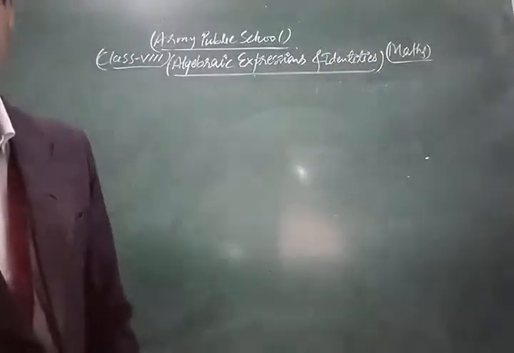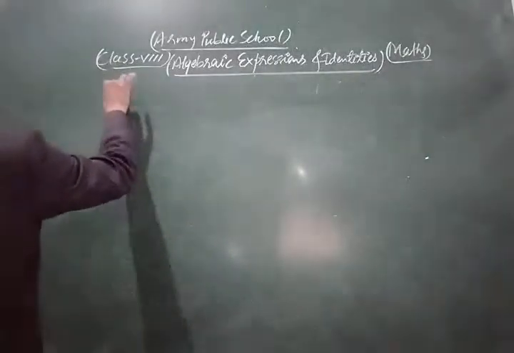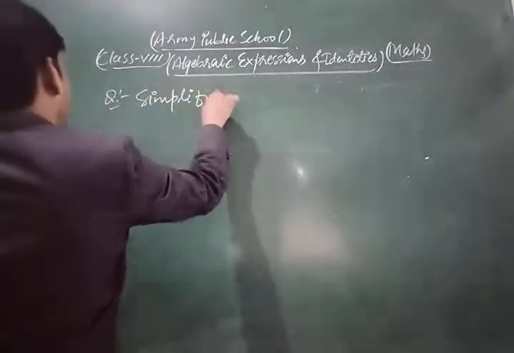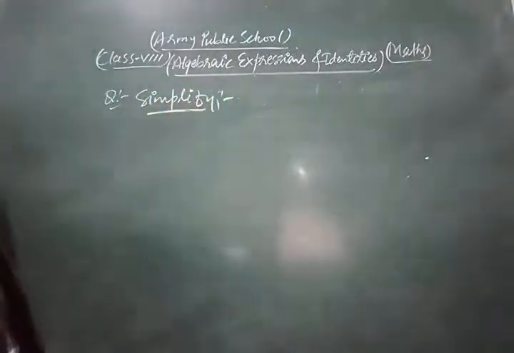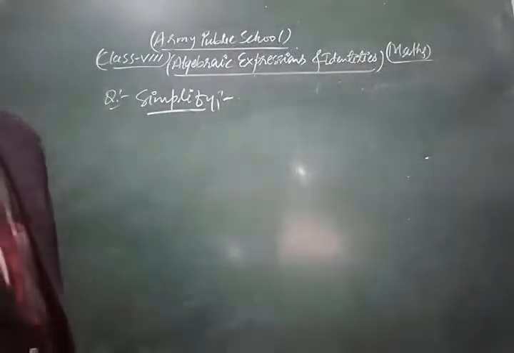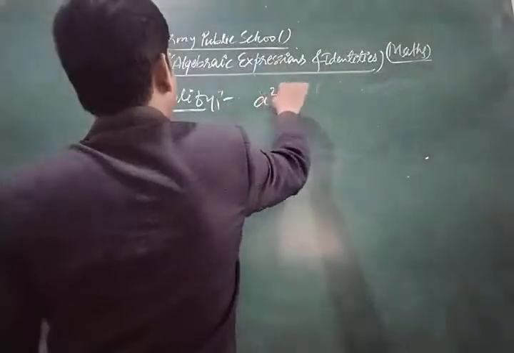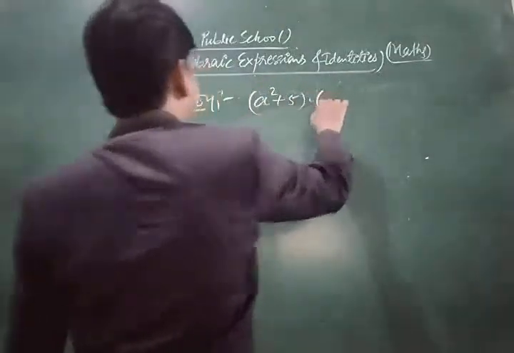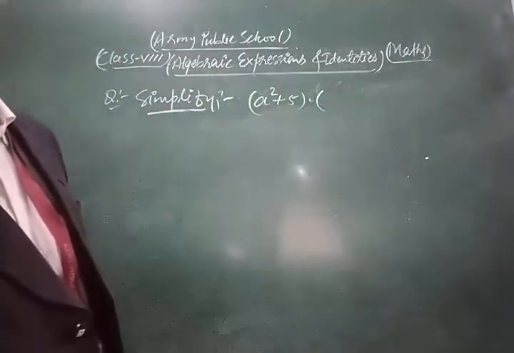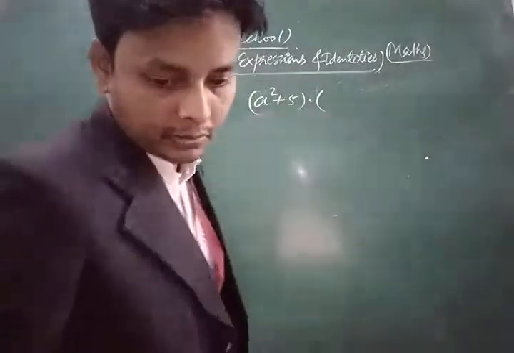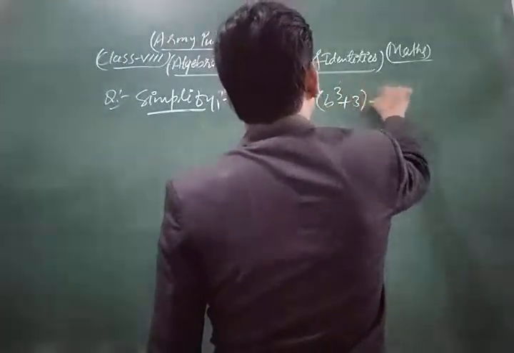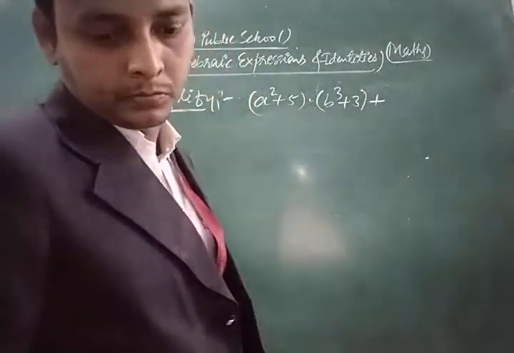And the question is: simplify (a square plus 5) into (b cube plus 3) plus 5.